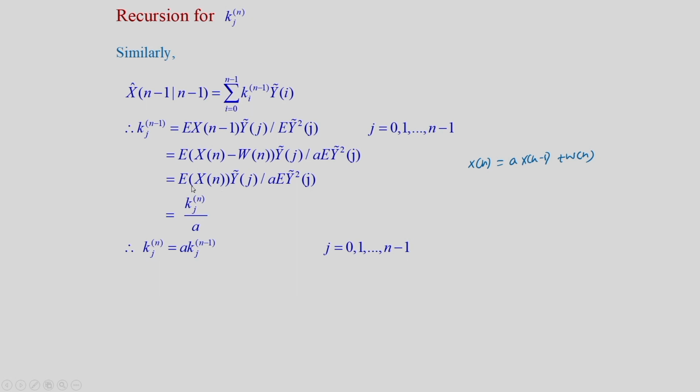So, we will only have E of xn into y tilde j divided by a E of y tilde j square. So, this is the expression.